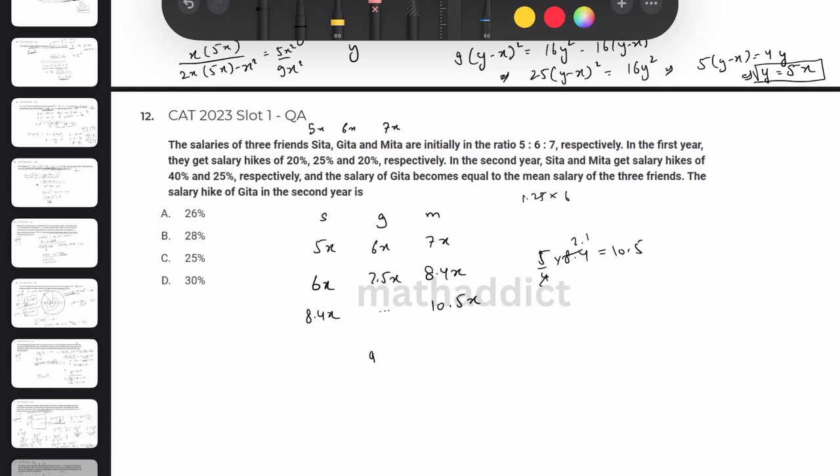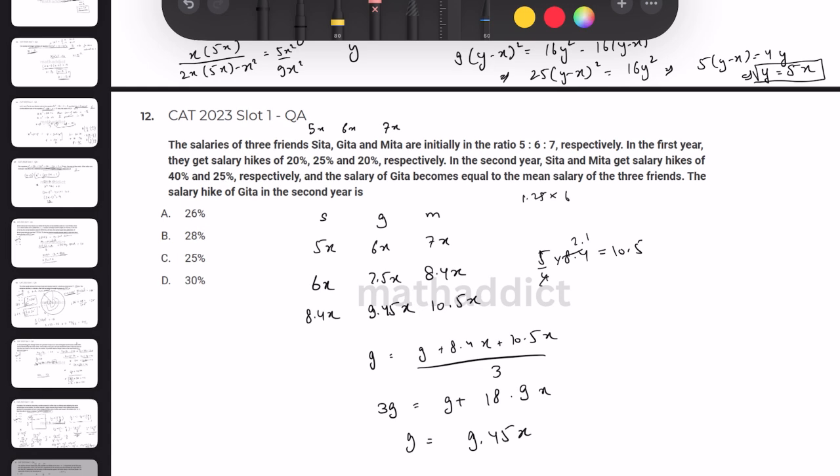And the salary of Geeta is the mean of the salary of the three, so her salary becomes 9.45x.